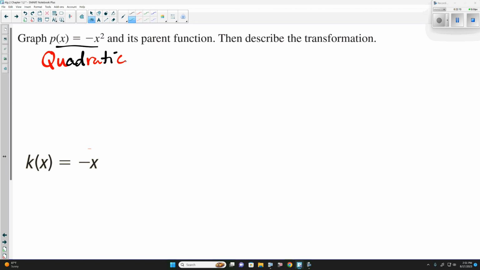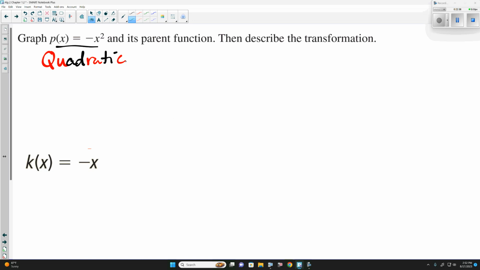No. That was a little bit of a trick because I'm just throwing that out there to see if y'all see that. Because for it to be k, we have to have something added outside the parentheses. We don't have anything added to it. The only thing we actually have is the negative, because the parent function is really just x squared. So the only difference is the negative out front, which is in place of a.